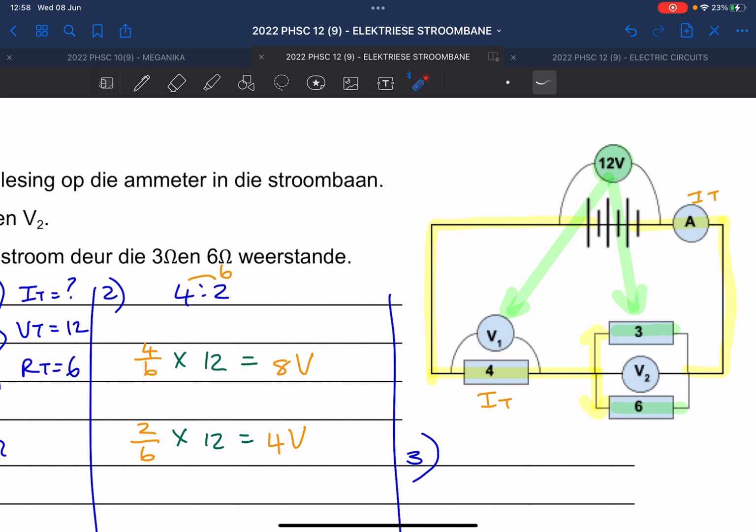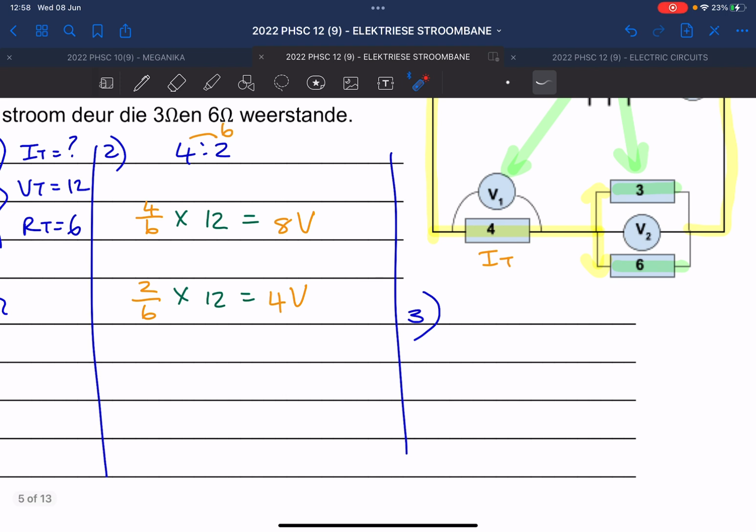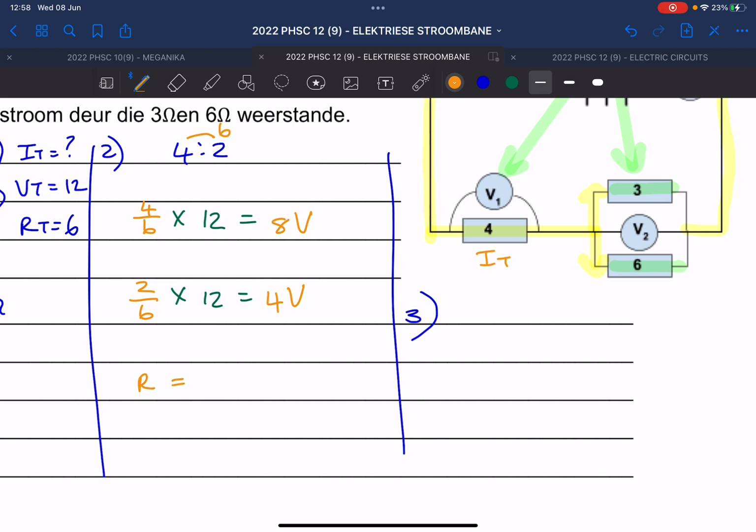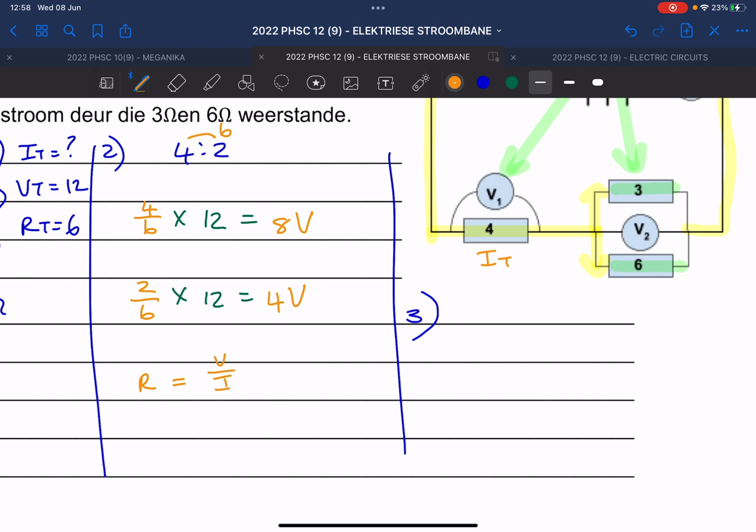Hierdie het ek vir jou gesê, is die eerste keer wat ek dit so doen. Here they do not swap around. What are we comparing here? We are comparing resistance with volts. So from there you can see that resistance is directly proportional to volts.